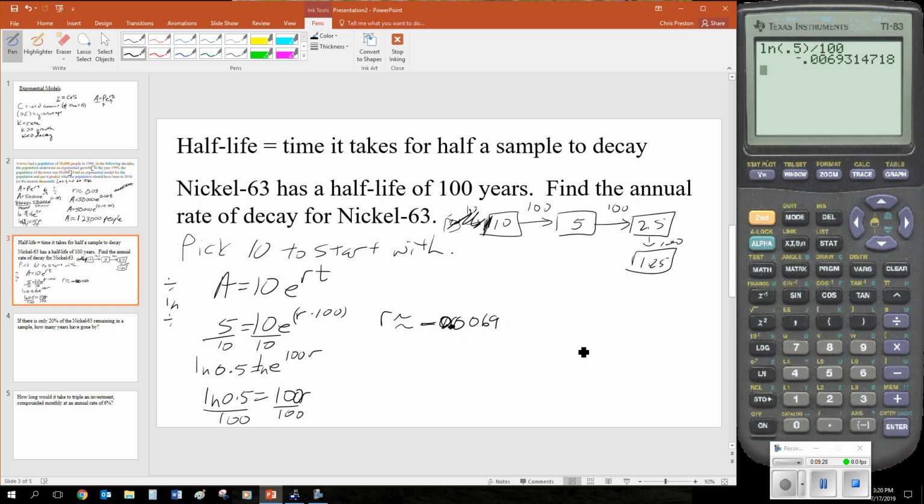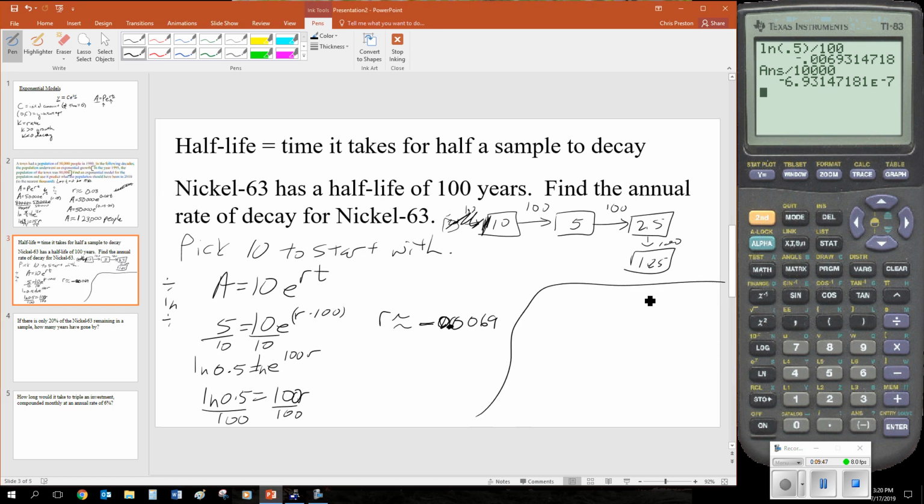Now, real quick, let me show this notation. Let's say I divided by something a little bit bigger here. I just want to be clear what this notation is saying. I'm done with this problem, but what does that notation mean on this calculator?